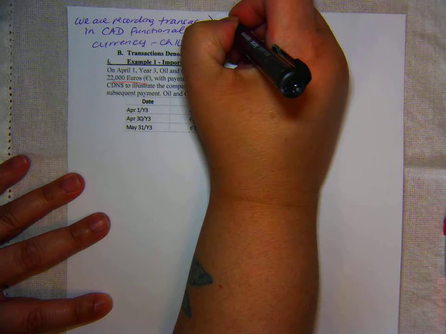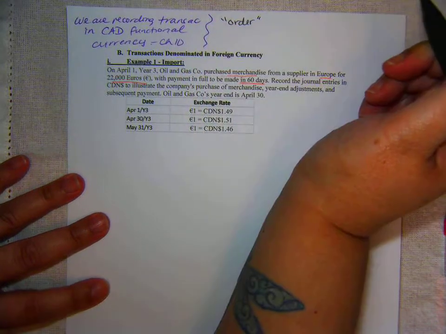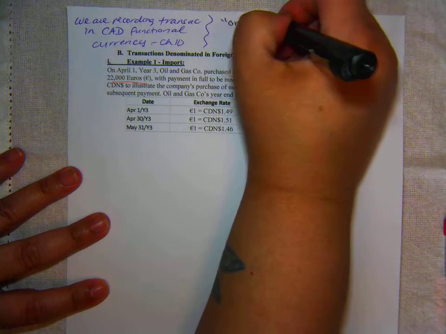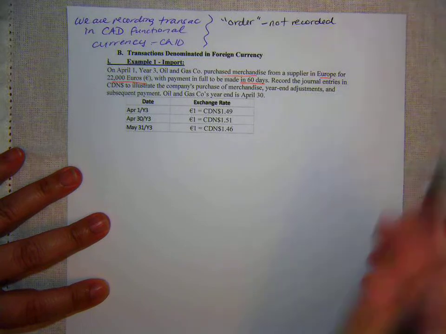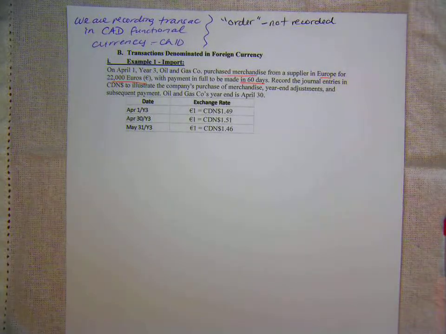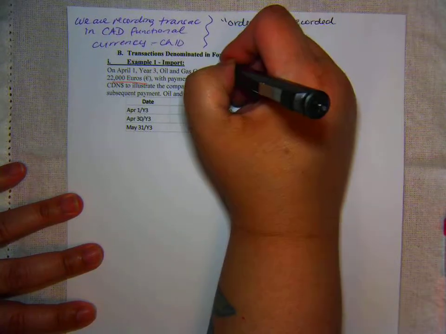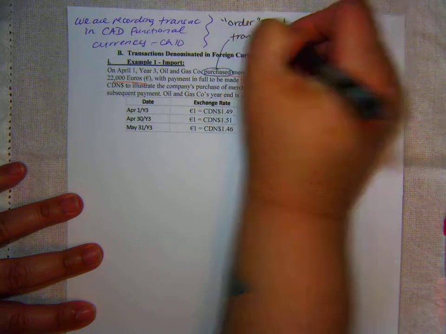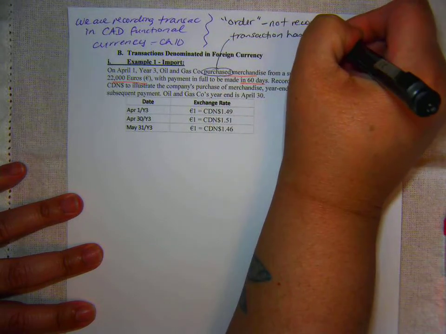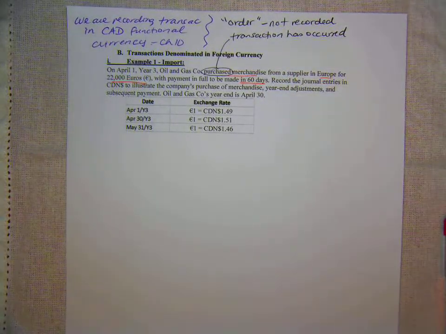If something says order, if we made an order, it's not recorded. Now you learned that way back in 311, probably in passing. But if there's an order, it's not recorded. When it actually says purchased, that means a transaction has occurred. Can't spell occurred. Hopefully it's close to being right.